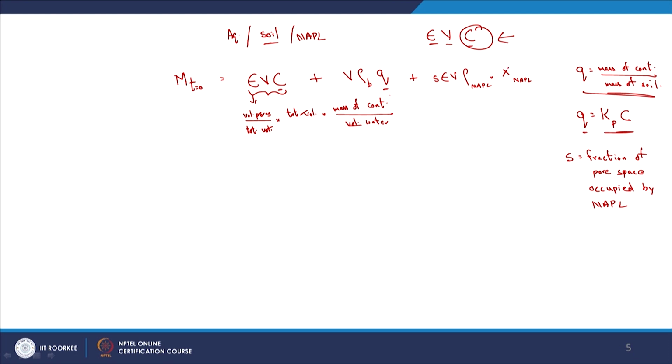Typically, if it is a pure NAPL that we are talking about, which is the contaminant, then x is going to be equal to 1, right.